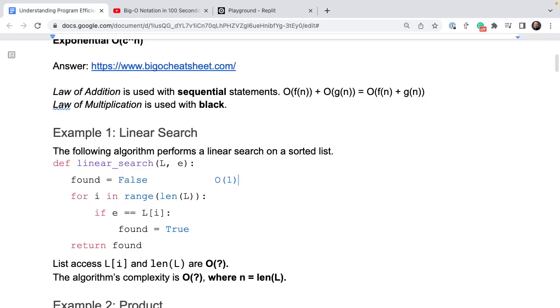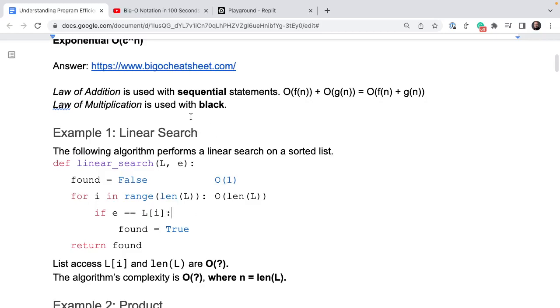It was just to assign a variable to some place in memory, and you assign it some value. This part right here was the search. This was big O of the length of L because we iterated through here. And if you look at each thing inside here, it's just going to be a constant number of operations.